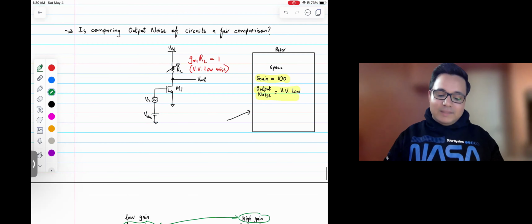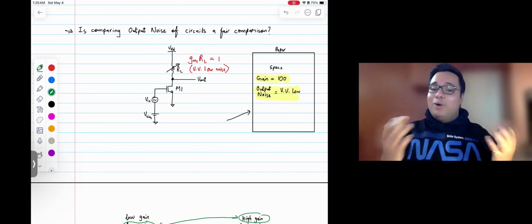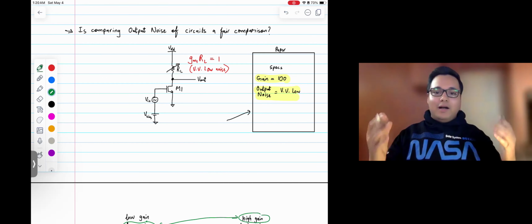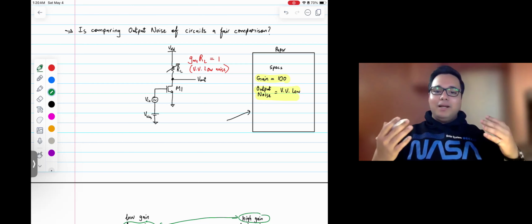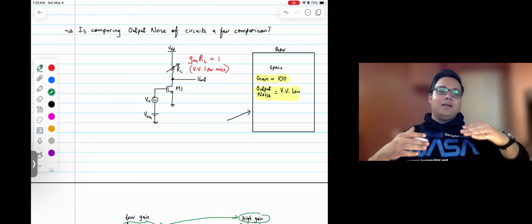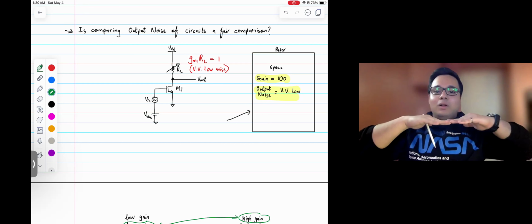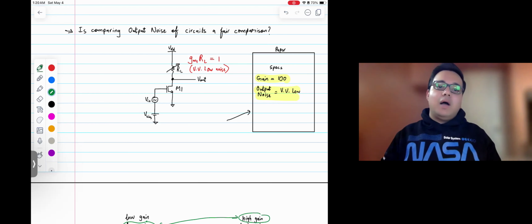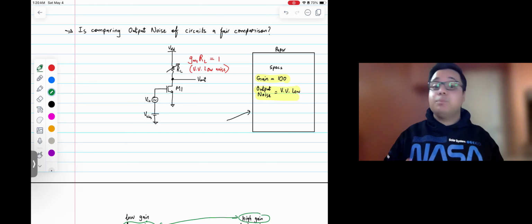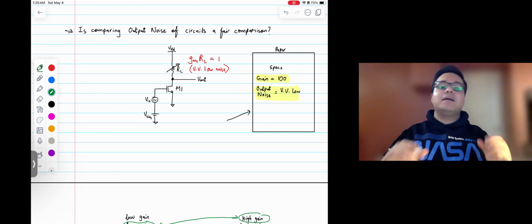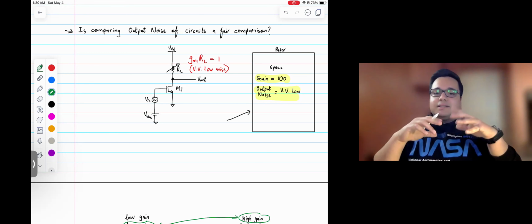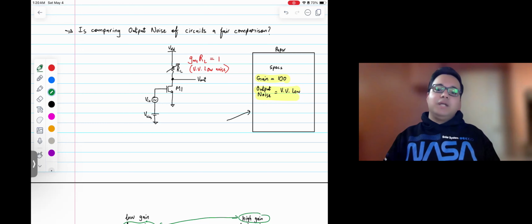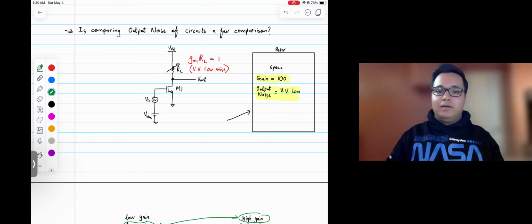But now the question is, people are publishing around the world. We can't ask everybody in the world of analog IC design to make sure that the gain is equal and then report their noise. So instead, we have another way, which is called the input referred noise, and we basically normalize the noise by the gain, so that it becomes a fair comparison.